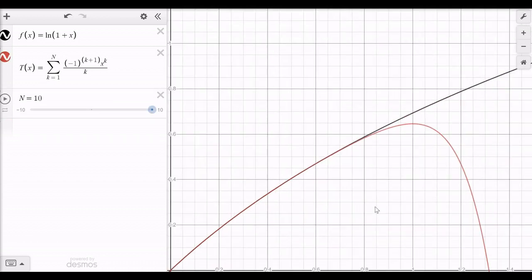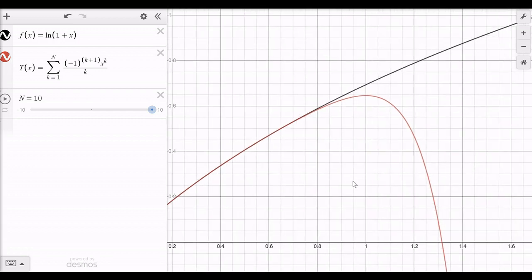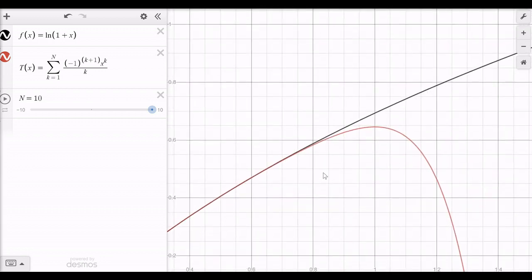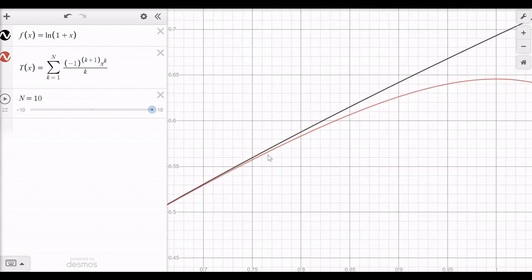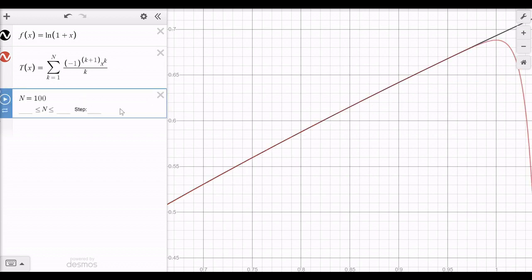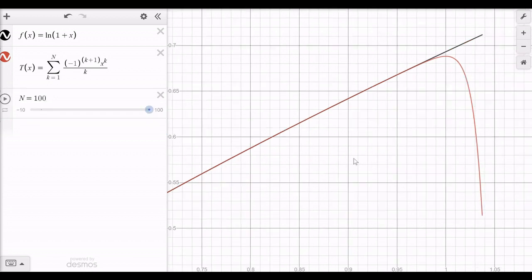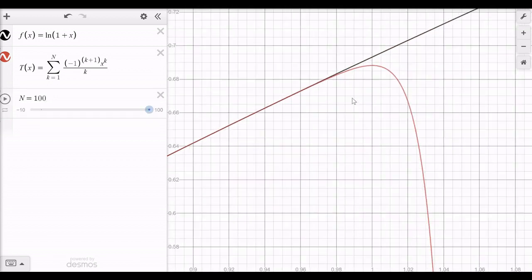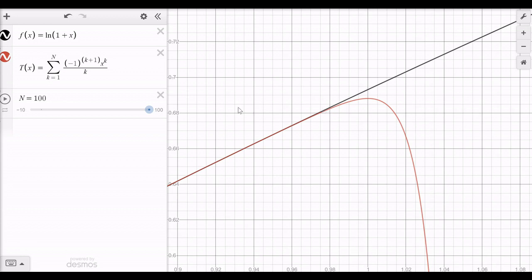If we include more terms into our Taylor series, notice that the accuracy gets a little bit better, within about a hundredth of a difference. 0.8 may be bad or good depending on how accurate you want it. If we increase the number of terms to 100, then we can go up to about 0.98, and the accuracy is pretty good. It's within 2/100ths of a difference.